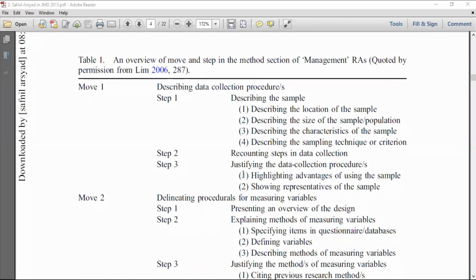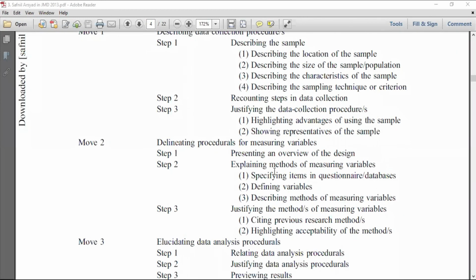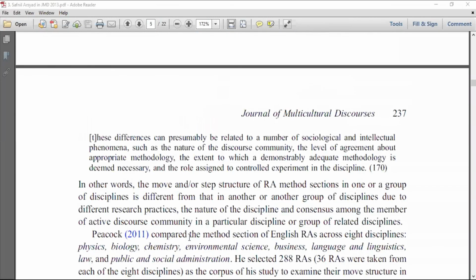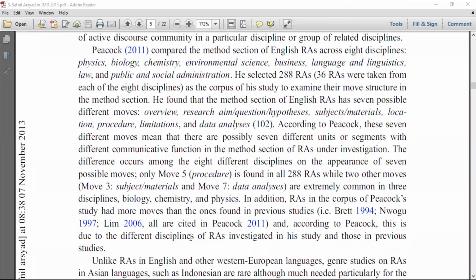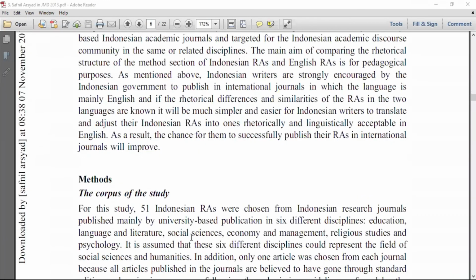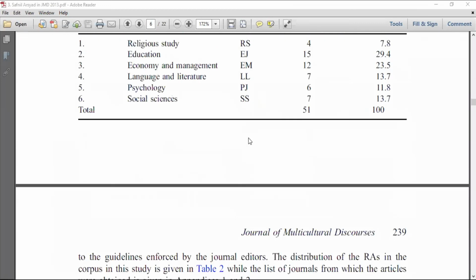Okay, this is the model. Move one, step one, step two, step three, and then the description. Move two, step one, step two, step three, description. Move three, step one, step two, and step three. And in the method section, this is the source, the corpus of the study.